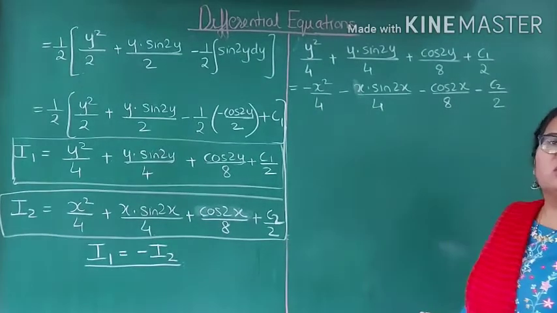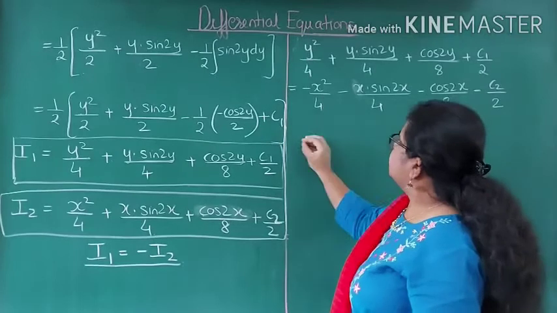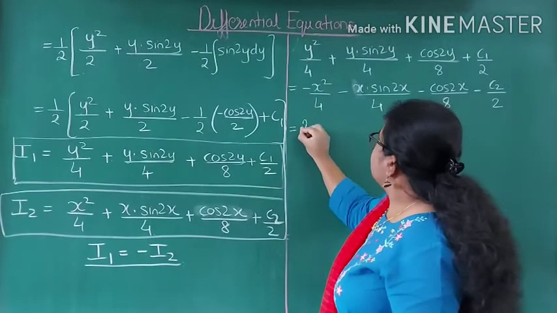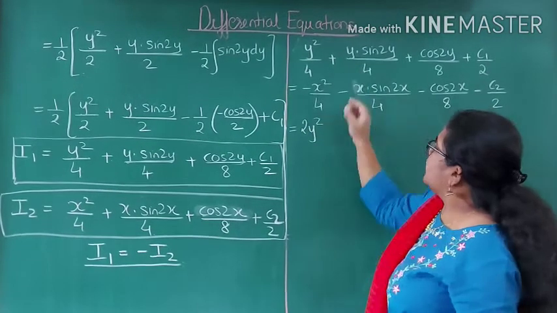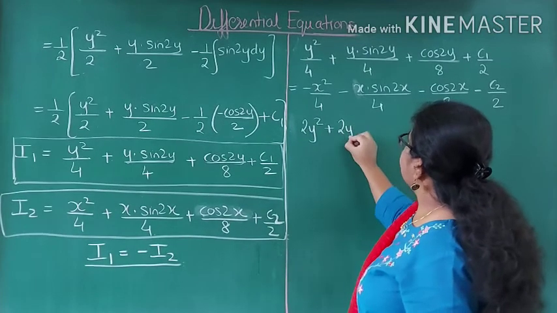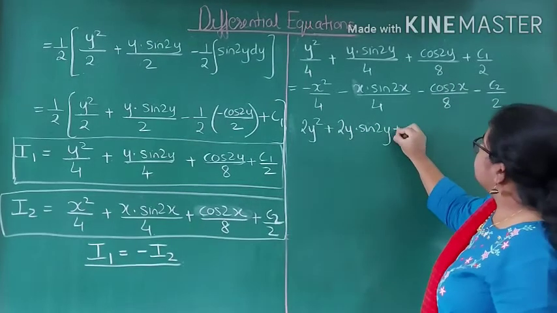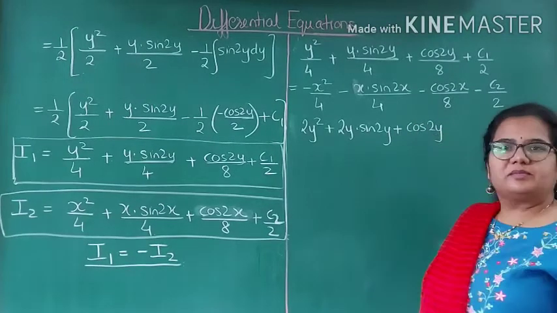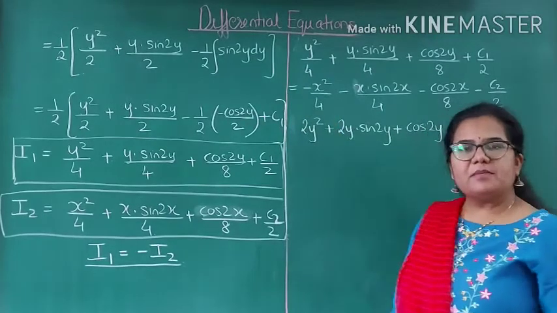So what you can do? You can multiply the whole LHS and RHS by 8. So what will get cancelled? What remains on LHS? 4 2s are 8. So here you have 2 y square. Yes? Then again 4 2s are 8. So here you have 2 times y into sin 2y. Here 8 and 8 will get cancelled, plus cos 2y. Yes? Now this is a negative term. If I take it on LHS, it will become positive.